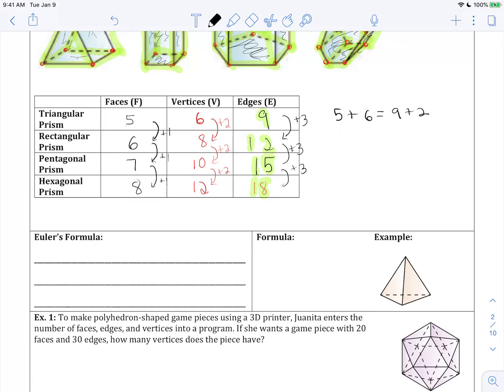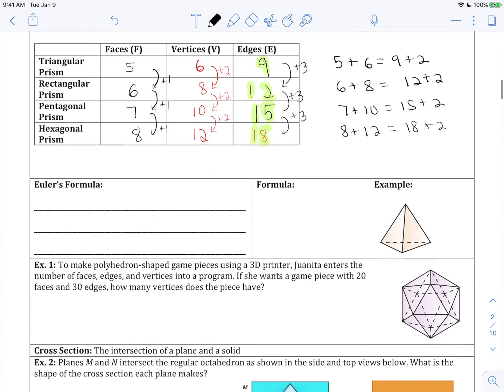Same thing here, 6 plus 8 is 2 more than 12. 7 plus 10 is 17, add 2 to 15. 8 and 12, that's 20, add 2 to the 18.